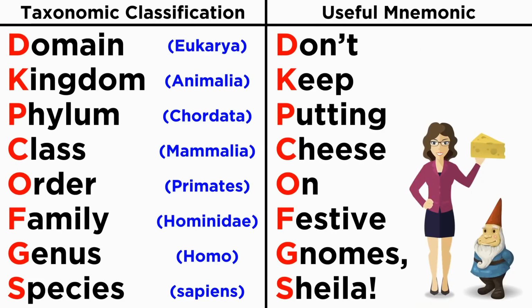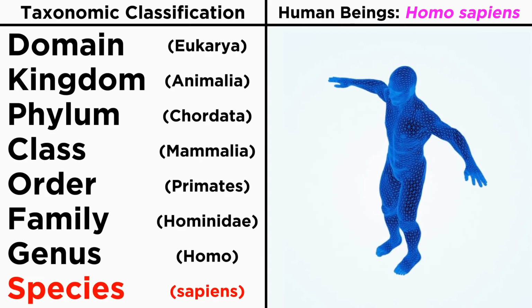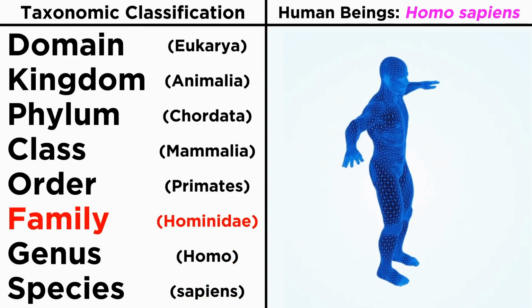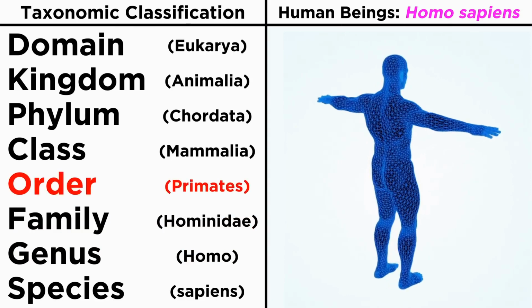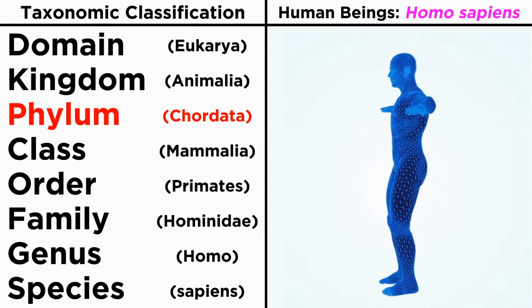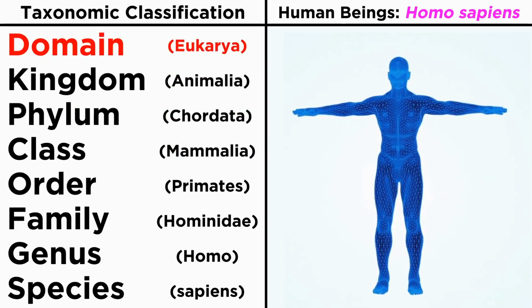You can even make up your own. To review, we humans are collectively the species Homo sapiens. We belong to the genus Homo, the family Hominidae, the order Primates, the class Mammalia, the phylum Chordata, the kingdom Animalia, and the domain Eukarya.